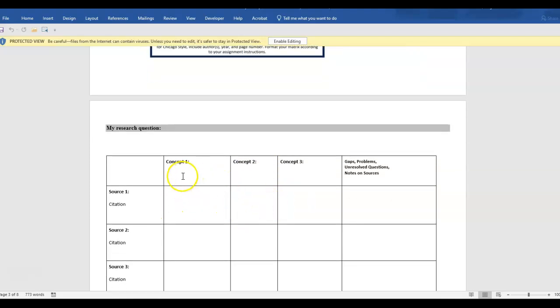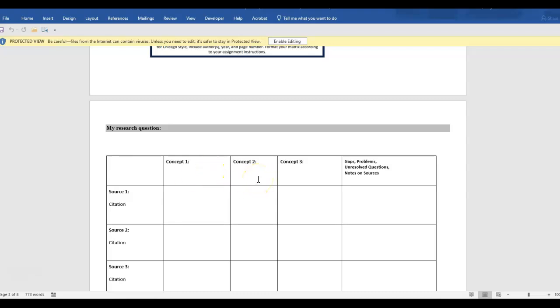And then you're going to fill in. So let's say we're back to this idea of talking about service animals and people with autism spectrum disorder. Your first concept might have been the help that the service animal provides to the family.